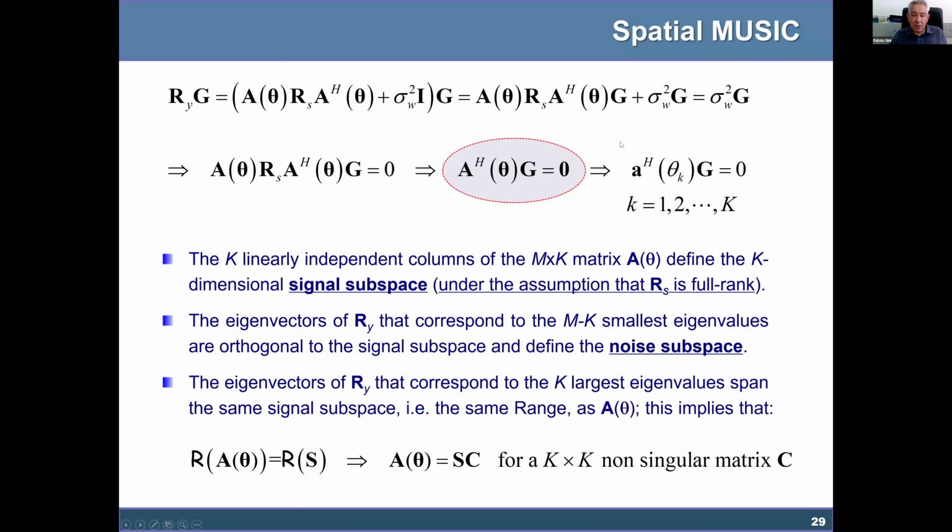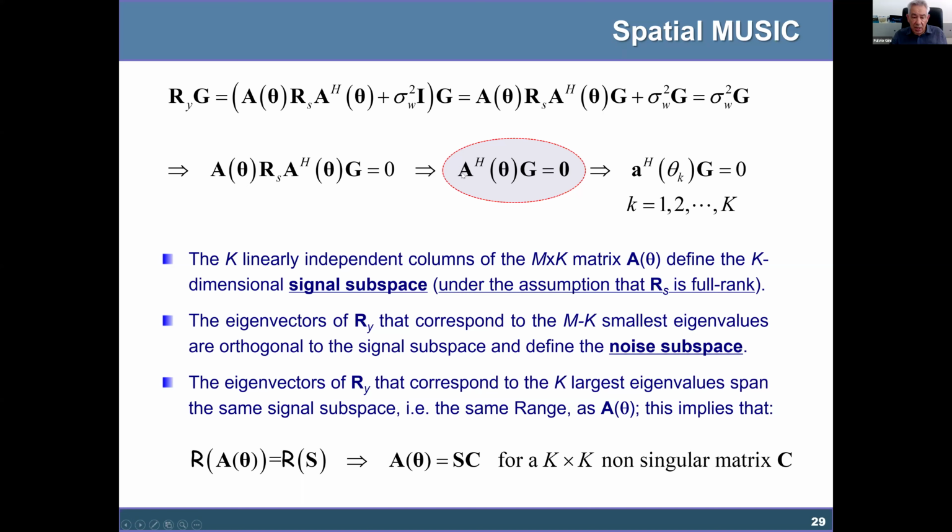And so it means that basically the subspace generated by the columns of A should be orthogonal to the noise subspace. So remember the structure of this.